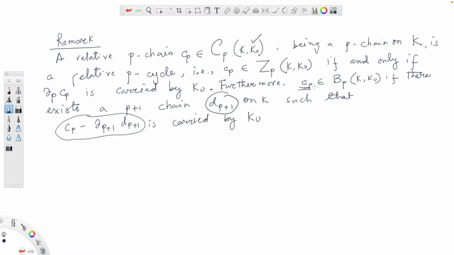Okay, good. Now a bunch of examples. Let me erase everything and get started with the first example. Example 1. Let K consist of an n simplex and its faces.